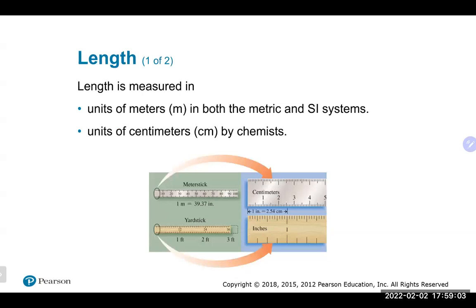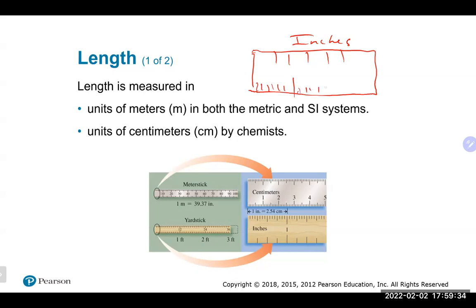Now, length is measured typically in meters. Very common units that we use in chemistry are centimeters and millimeters. By the way, just remember how to read a ruler. On the top, those big marks are inches. On the bottom, there are all those really small marks, and every so often there's a big mark.